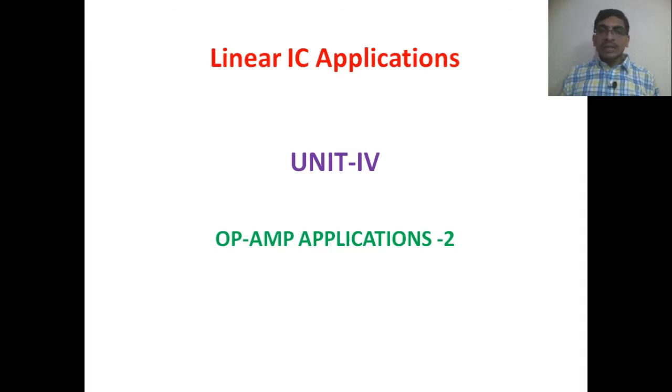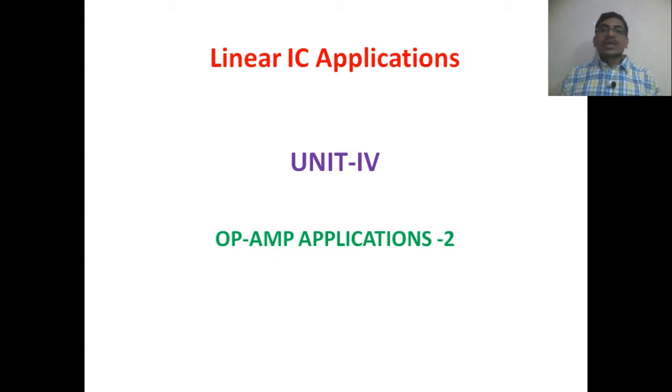So in unit number 4, we are going to discuss the remaining applications of op-amp. We already know the op-amp is a high gain differential amplifier, which is used to do mathematical operations such as addition, subtraction, multiplication, integration, differentiation, etc. These are basic operations we have already discussed in unit number 3.